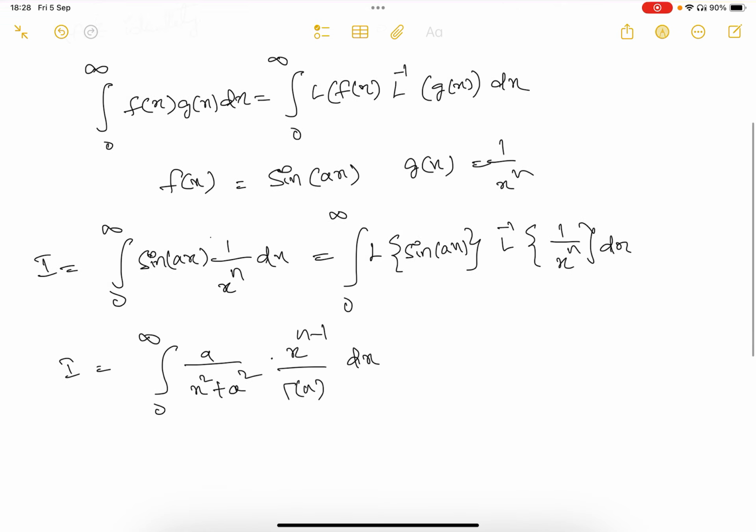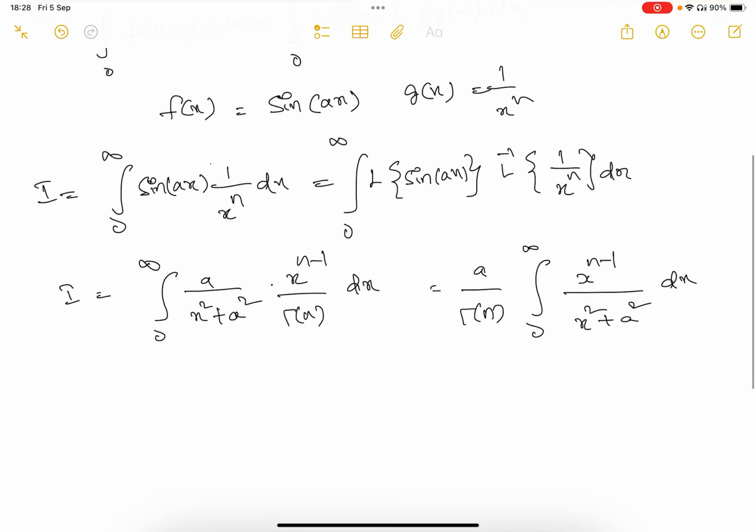Into dx. Fine. Then as you know, this a and gamma of n are constants. Keep them out of the integral. Then integral 0 to infinity x power n minus 1 by x square plus a square dx. Fine. As you can observe, in the denominator it's x square plus a square.